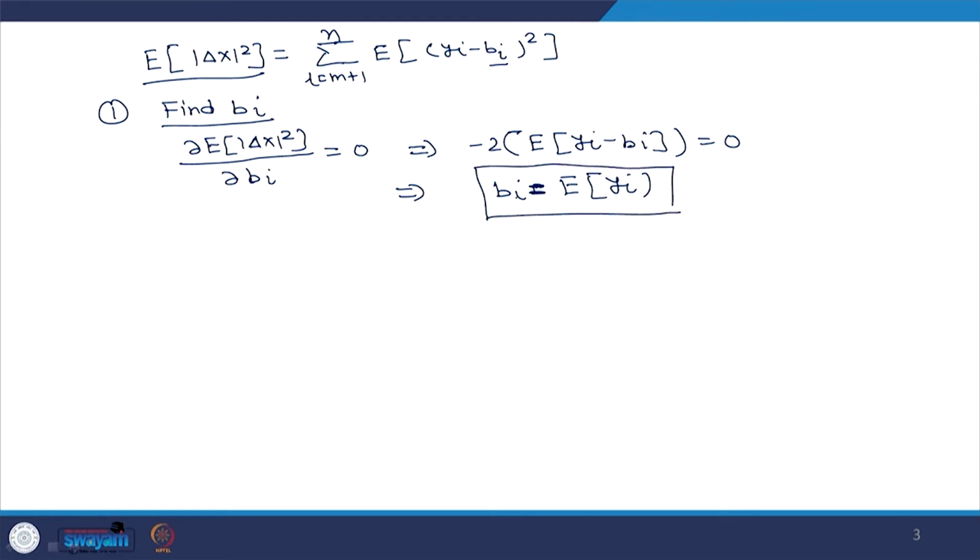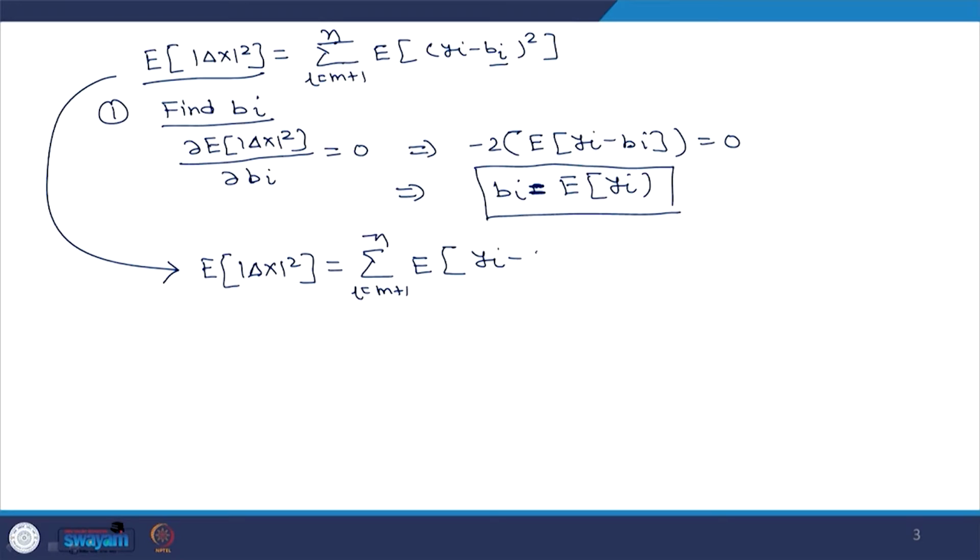So, now substitute this value of bi here. So, what I will be having, E of delta x square equals to summation over i from m plus 1 to n E of yi minus E of yi, and then square of this, where yi is given by x transpose phi i.